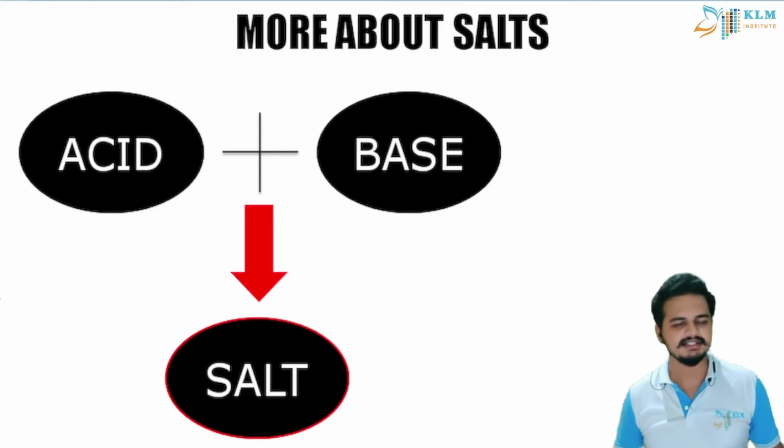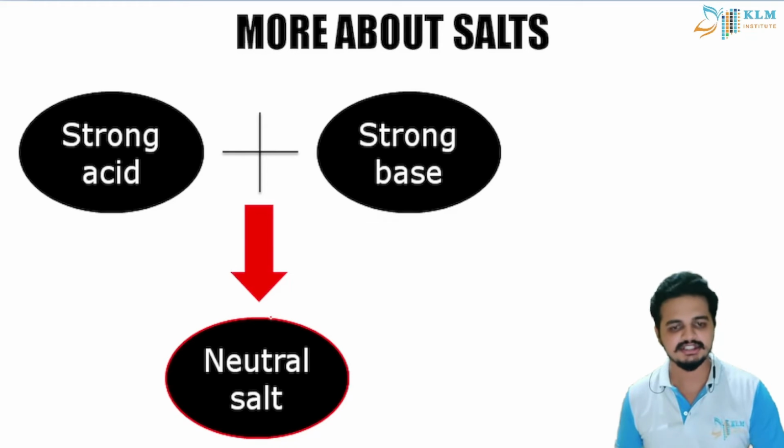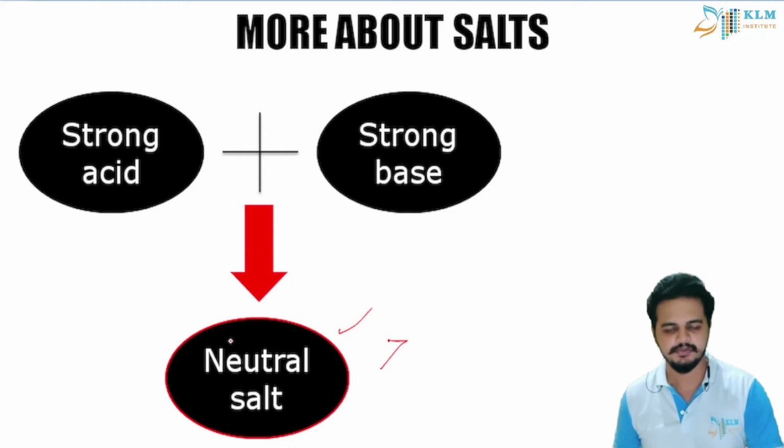So students, let us study more about salts. We know acid and base give us a salt. When it is a strong acid and a strong base, we get a neutral salt whose pH is 7.